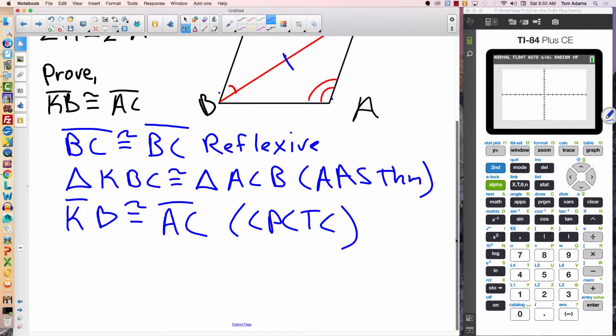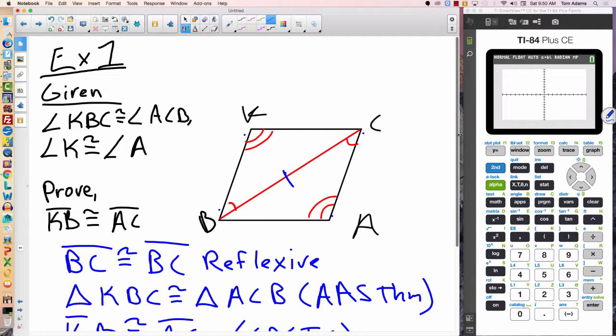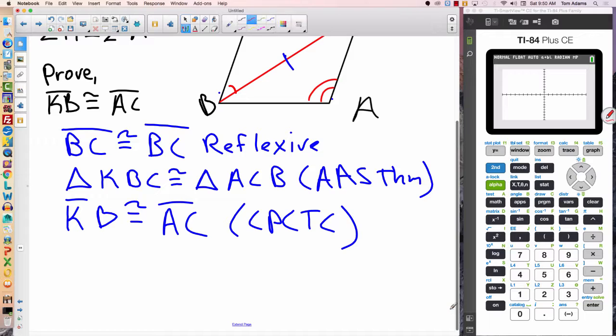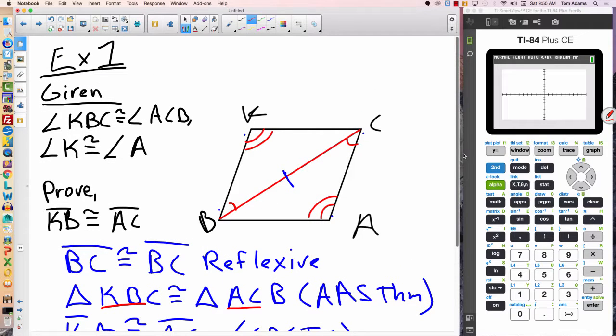In other words, because I've proven that these two triangles are congruent, I can say with confidence that KB is congruent to AC. And so what we would do is we would just say KB is congruent to AC. And that's it. That's the end of the proof.